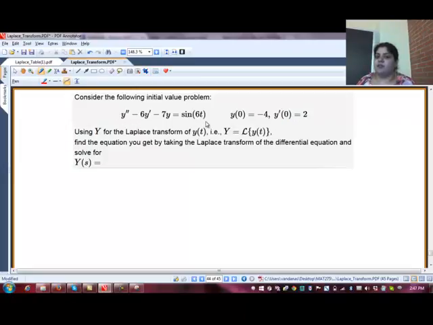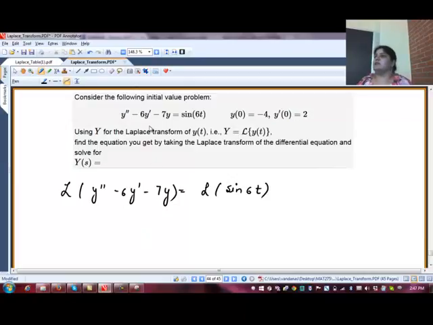Okay, so let's get started. This is a differential equation. We will first find the Laplace transform. Once we have the Laplace transform, we have to invert it back, but this problem is just asking for the Laplace transform, so we will leave it at that stage. Okay, so the Laplace transform of y double prime minus 6y prime minus 7y equals the Laplace transform of sine 6t.